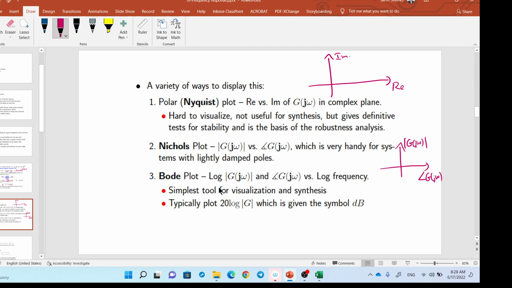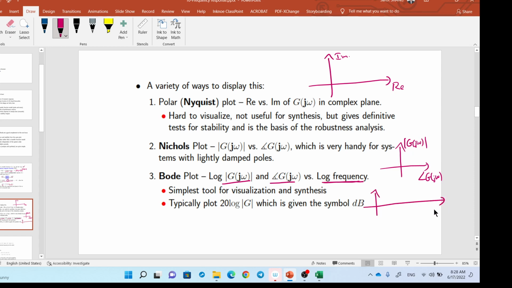Bode plot. It is a plot between amplitude versus frequency in the log scale, and also the phase versus log frequency. So for both plots, you have two plots.